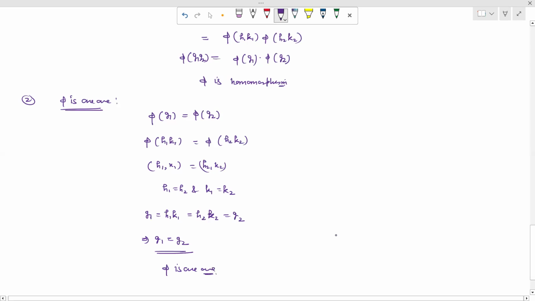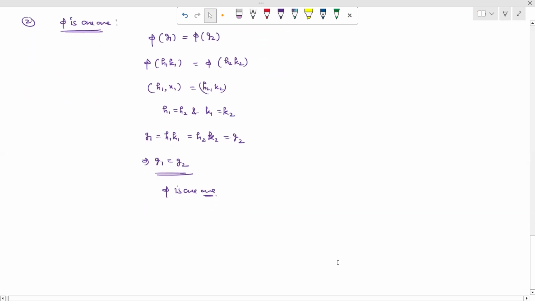So after proving the function is 1-1, we shall prove that the function is onto. If the function is onto, then we can say the function is an isomorphism. So the third part, we shall prove that phi is onto.